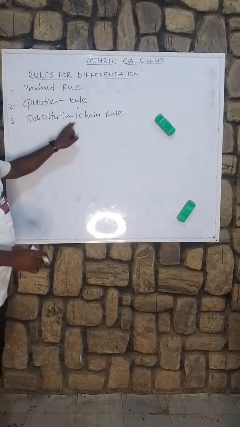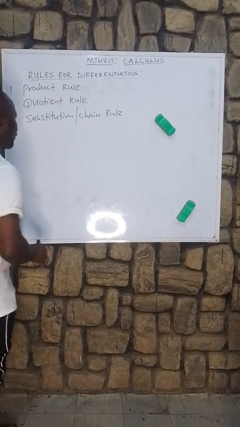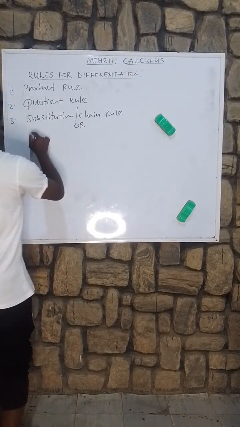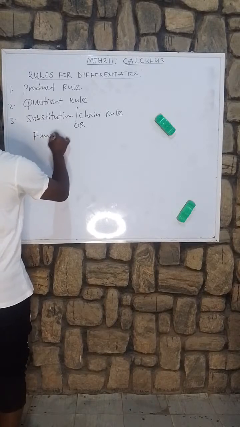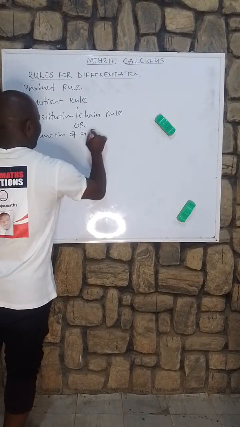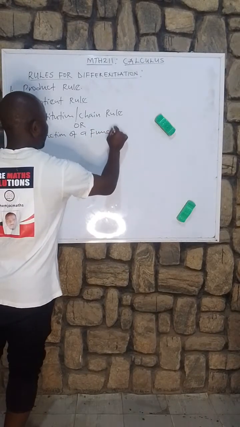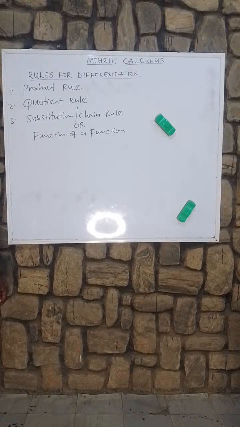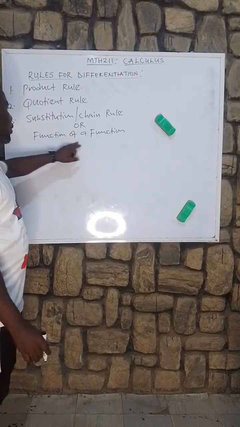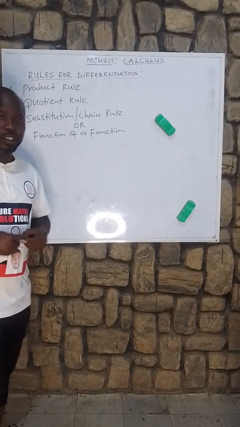And this is also known as function of a function. Yeah, chain rule is also known as what? Function of a function. It's very important.